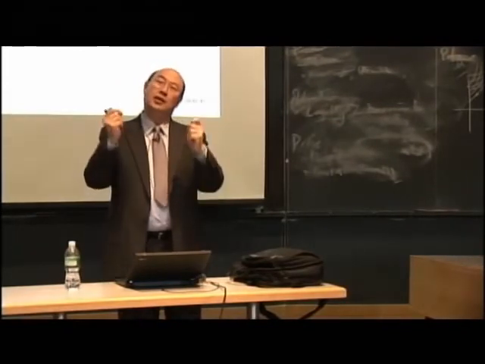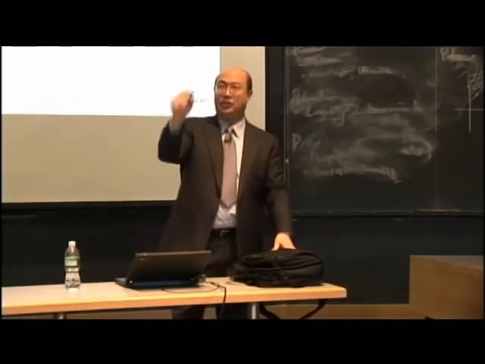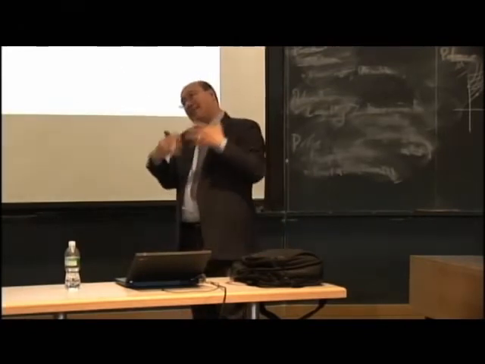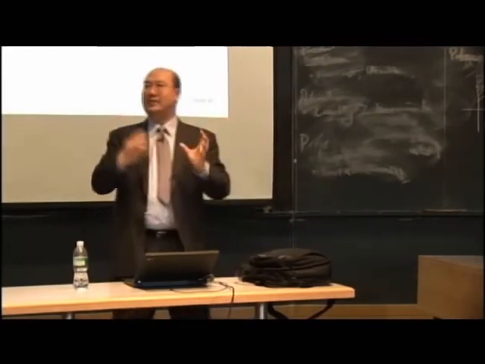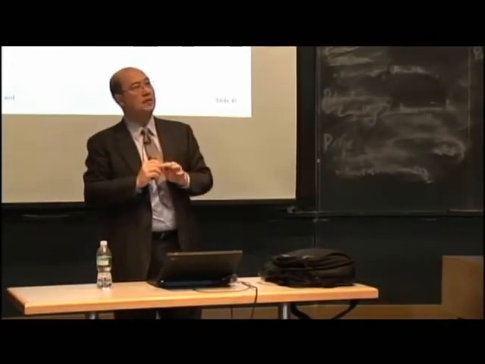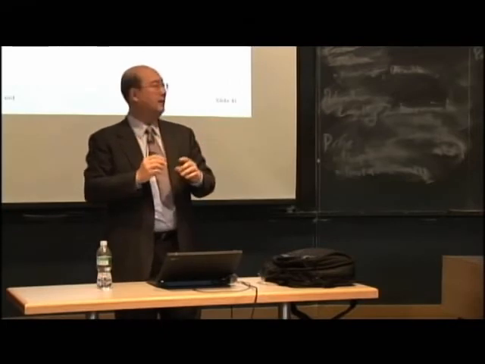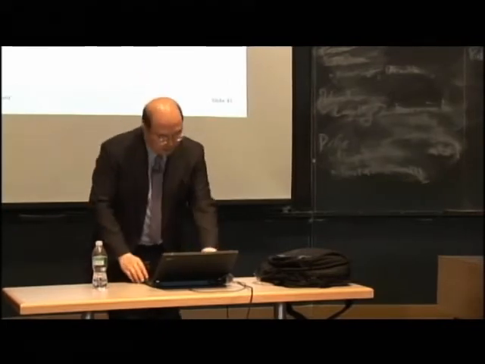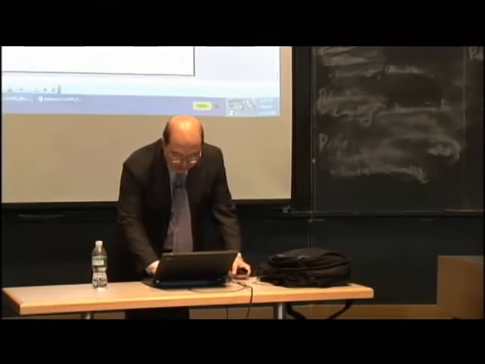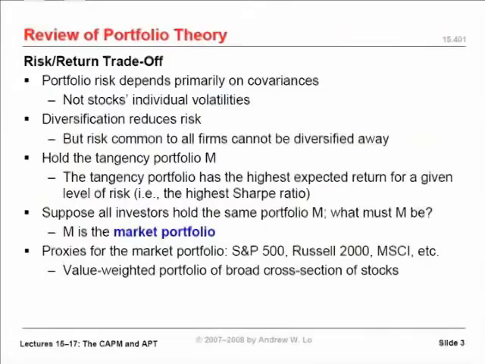So the point is that unless you are willing to make predictions, this is the only alternative that provides a disciplined approach to investing in so-called good portfolios. So it's a different approach. Okay, so now let me turn to the next lectures 15 through 17, where we're now going to talk about equilibrium.